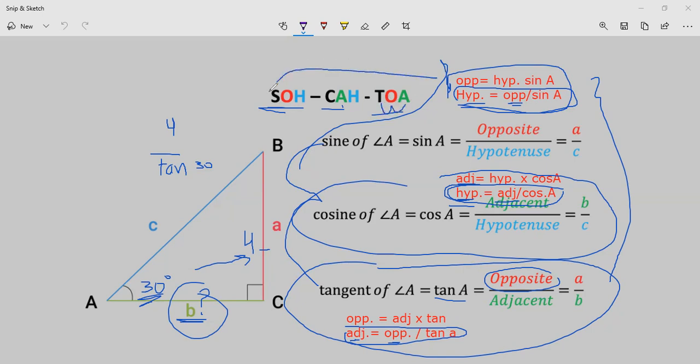So the most important thing you should know is that sine relates opposite and hypotenuse, and cosine relates the adjacent and hypotenuse, and tan relates opposite and adjacent.